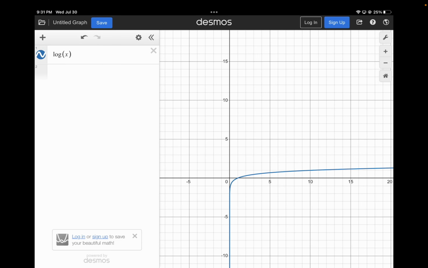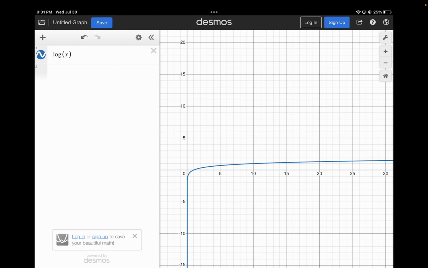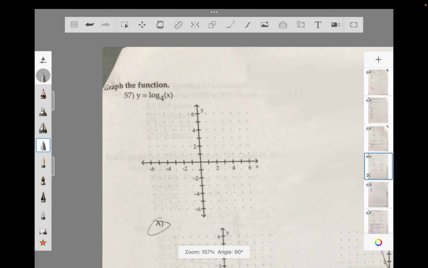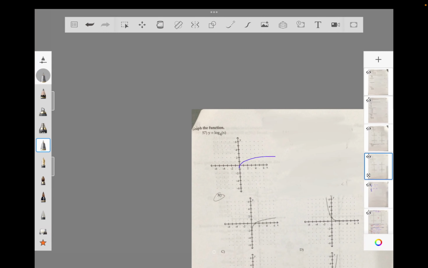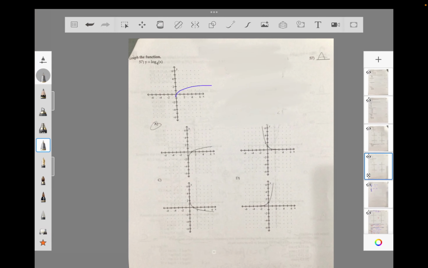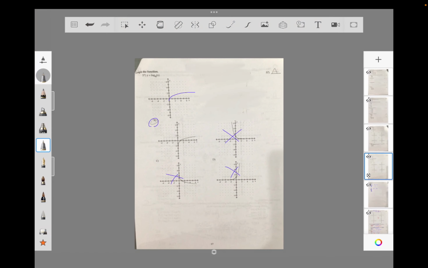You can see here that it's slowly getting higher and higher, but it's not substantial. So just freeballing it, log graphs tend to look like this, and the only one that looks like this is A. So that's a good rule of thumb.